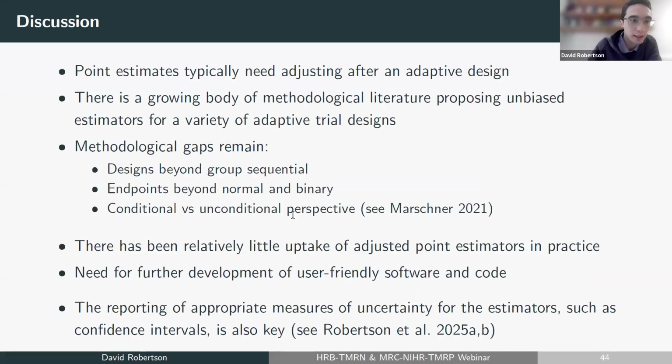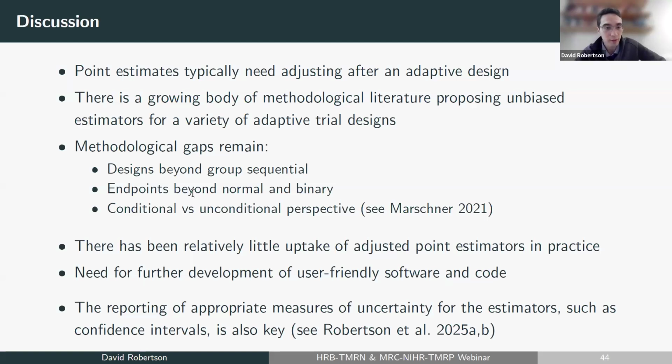To summarize, from the literature and regulatory guidance, point estimates typically need adjusting after adaptive designs, or at the very least, there needs to be a justification for why there's no need to adjust. In our review, we found a growing body of methodological literature proposing unbiased estimators for a variety of adaptive trial designs.